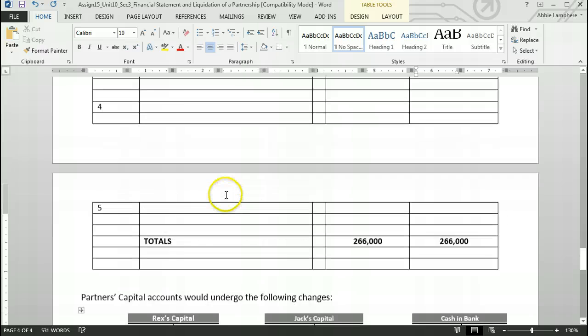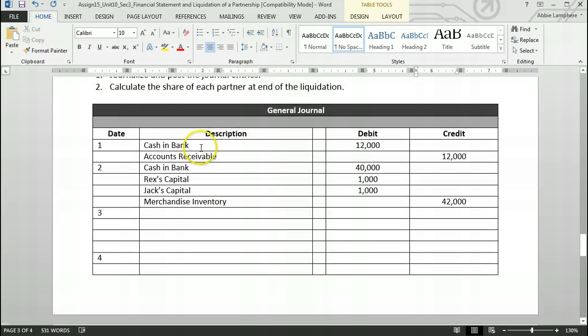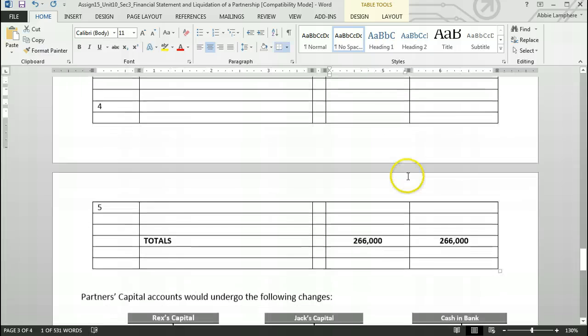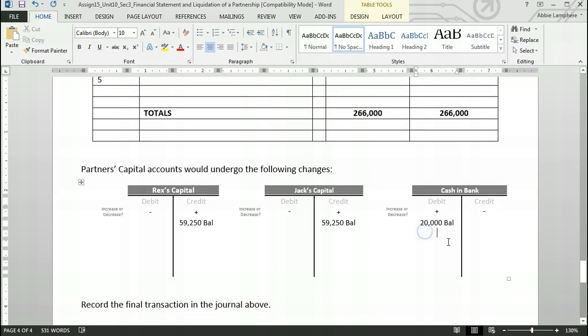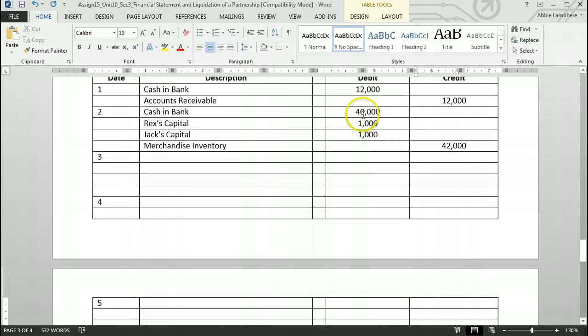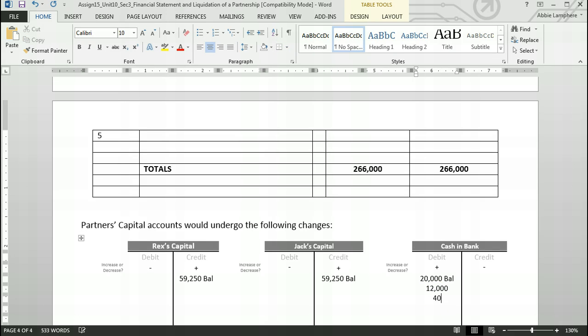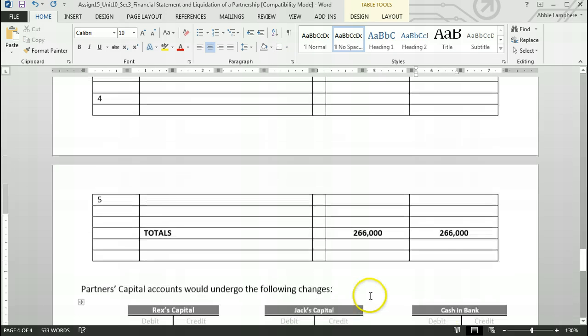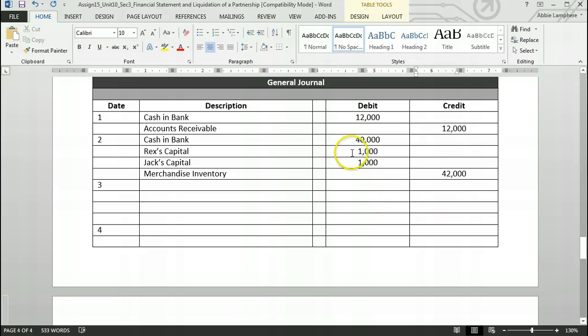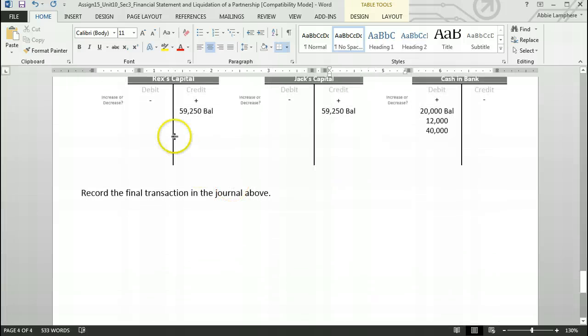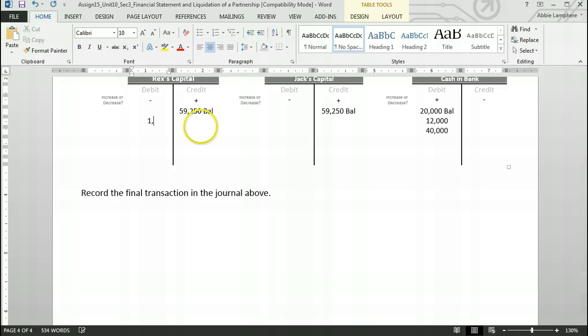And so far, we have this transaction that affected our cash and bank. We debited it for $12,000. And the next transaction affected our cash and bank, the debit of $40,000. And affected our capital accounts by debiting them for $1,000 each. So we're going to put that in the debit column.